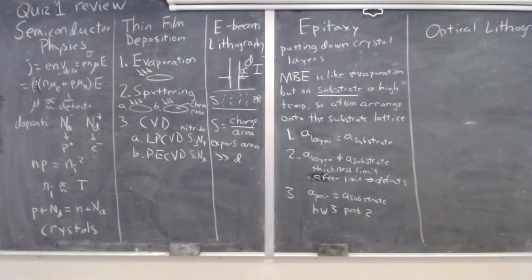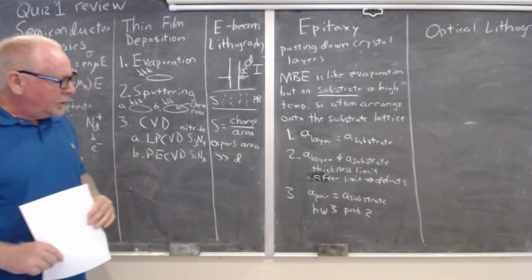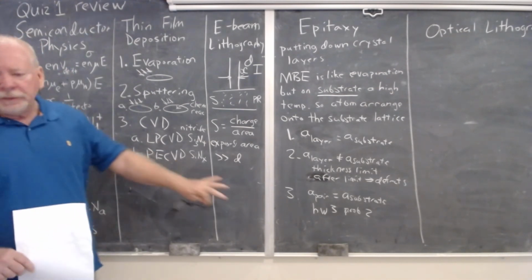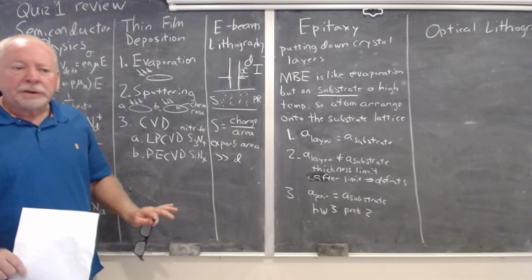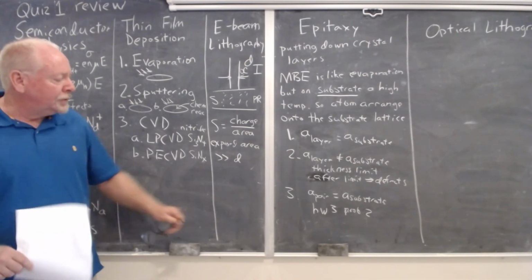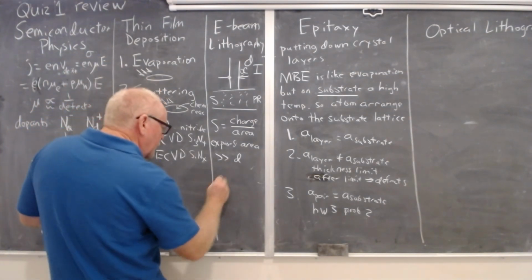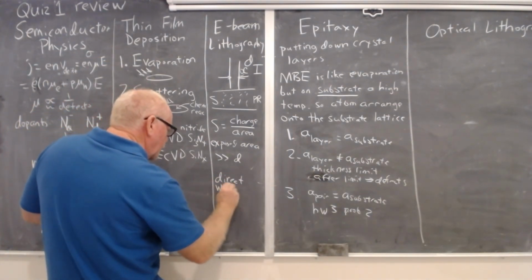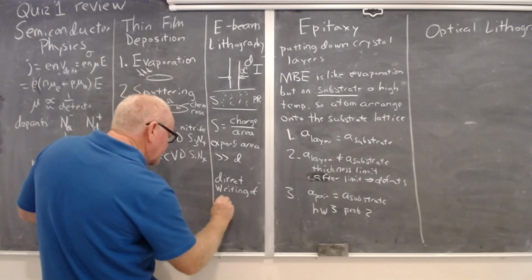My focus has gone a little bit, but it's just good enough that we can keep going here. Okay, so for E-beam lithography, now you know the few principles I want you to remember, but also what it is for is direct writing of features.